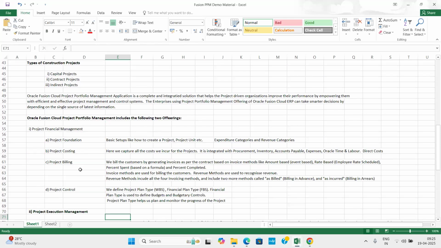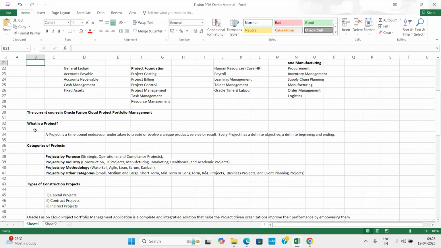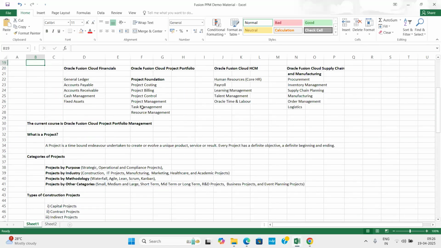Then project execution management will be there. Two things are there. So the first four come under project financial management: costing, project billing, project control, project foundation.